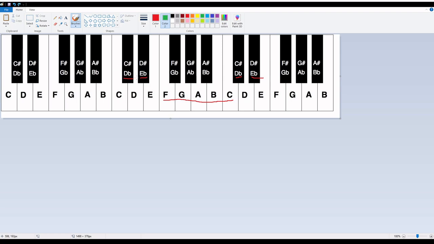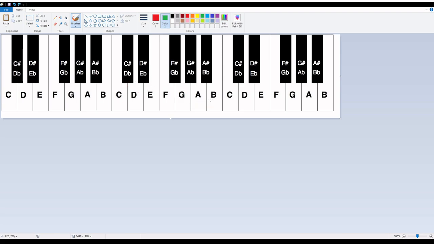If C sharp is my bottom note and I lower it and raise it, then you get C melodic minor. So basically, if you take the bottom note of your whole tone scale and alter it both ways, you get the parent melodic minor.